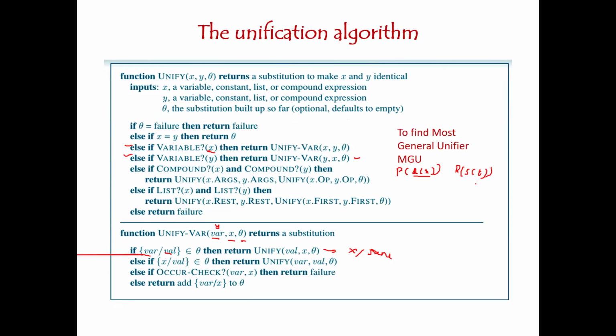So first I will pass Q of X comma S of T to this unify algorithm. Okay, so after finding the result of this, whatever I obtain will become the expression for P and for R. Result and result one. So like this, a compound expression I have to make a simple one.